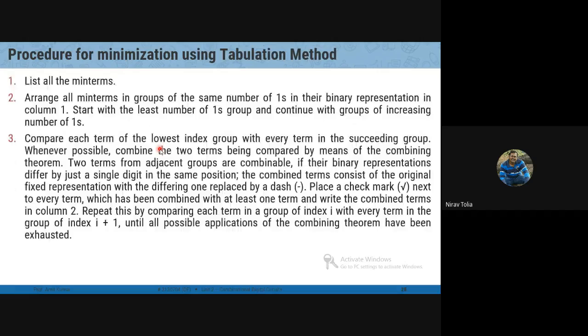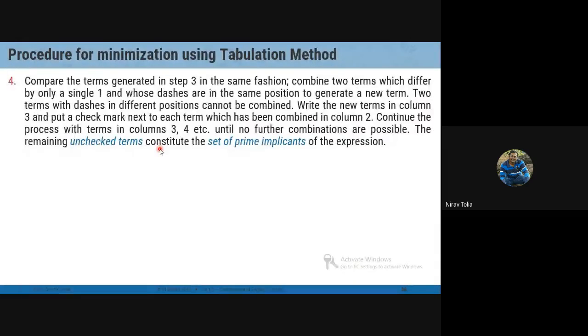So up to rule 3 we have covered. Okay. Now what we have to do is follow the same process, but now instead of column 1, we have to come to column 2.